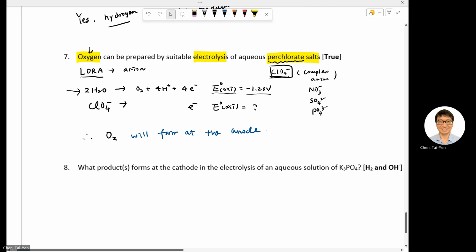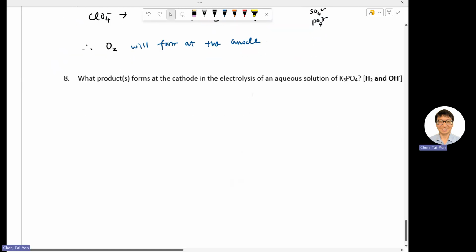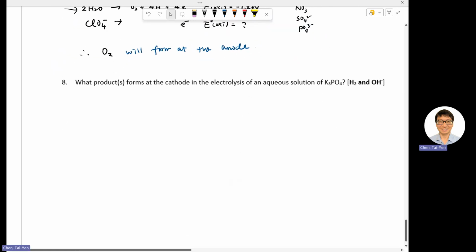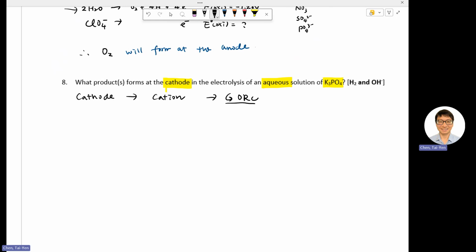All right. So let's look at another example question, number 8. It asks you what products form at the cathode in the electrolysis of an aqueous solution of this salt. So again, the thing we care about is the cathode, so the things that matter will be the cations, and it will be a reduction reaction, right? So GROC.